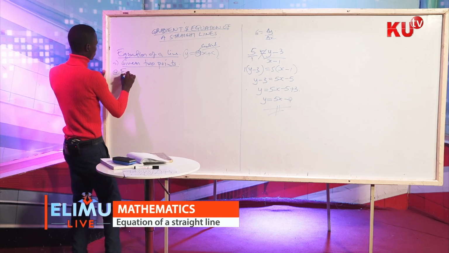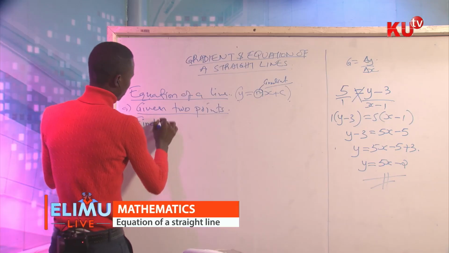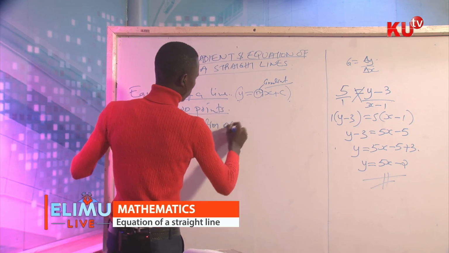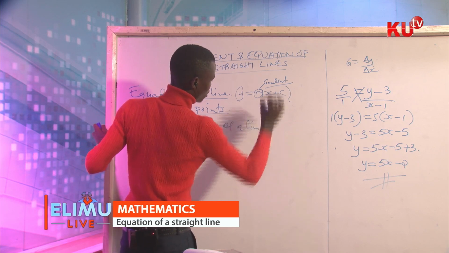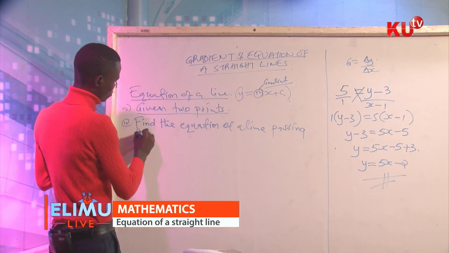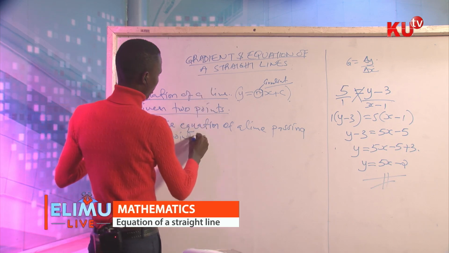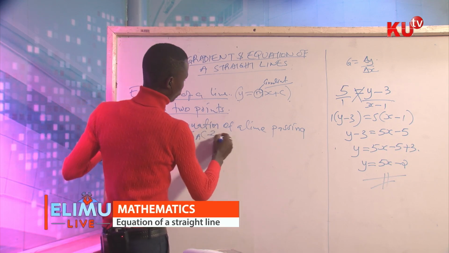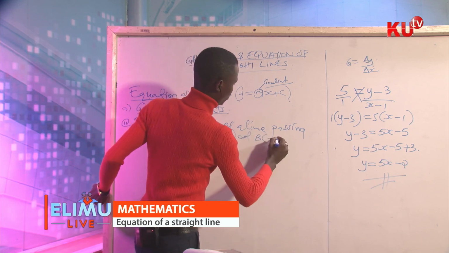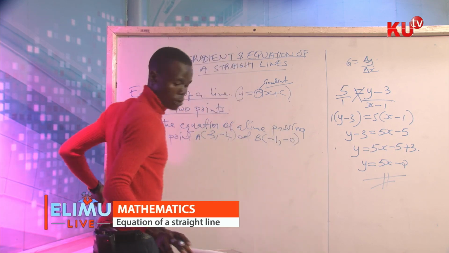Example, find the equation of a line passing through point A, -3, -4, and B, -1, 0.